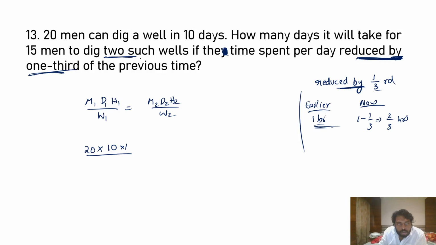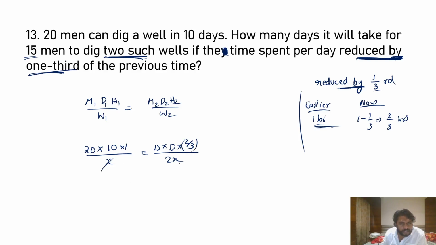He said two such wells in the second case. So consider one well is a work like x, and two such wells means 2x would be the work. And then he's asking you to calculate days. So 15 men was given, D2 days, and time spent per day is 2 by 3. Correct? That's how you can write the equation and solve.